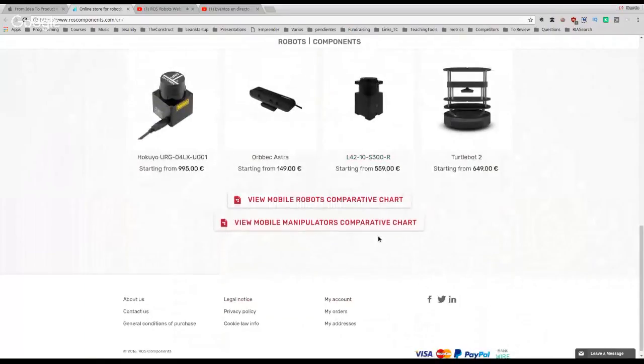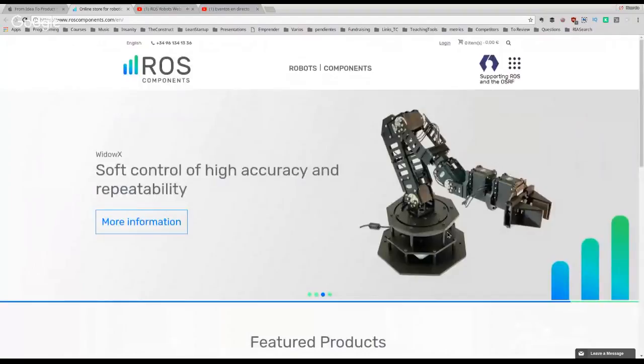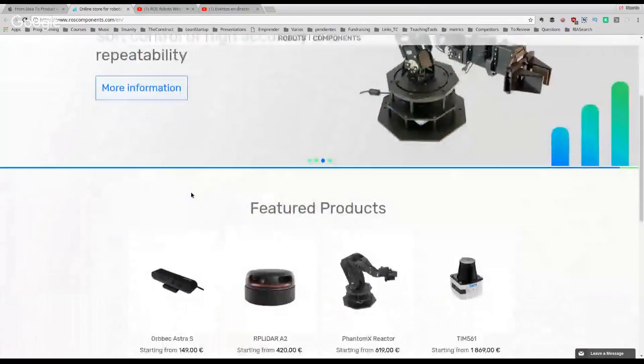This is the place where we bought all the material that we needed for the Barista robot. And this shop is not related at all with The Construct. It's just a shop that we believe is very professional, and they deliver very, very well.